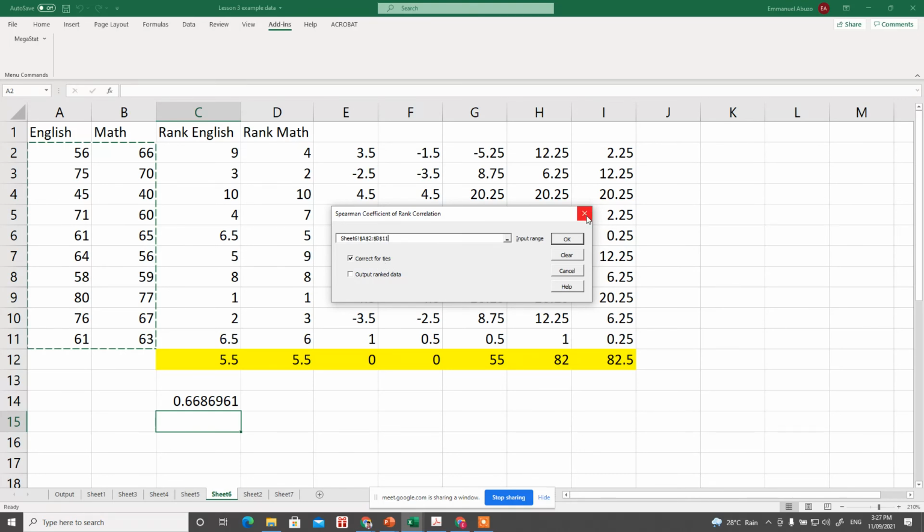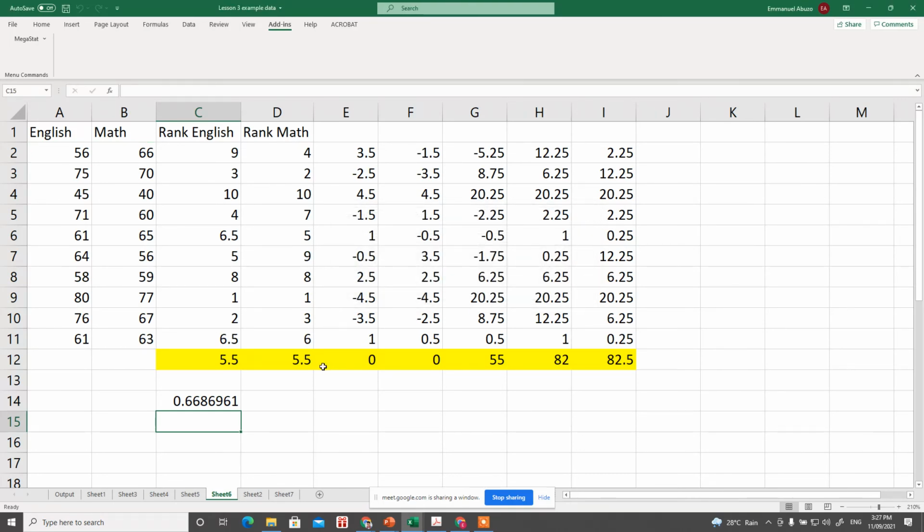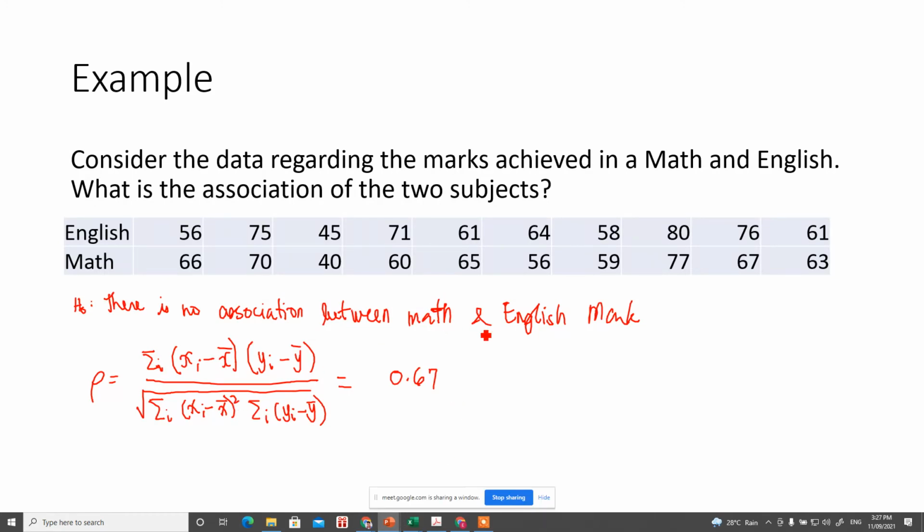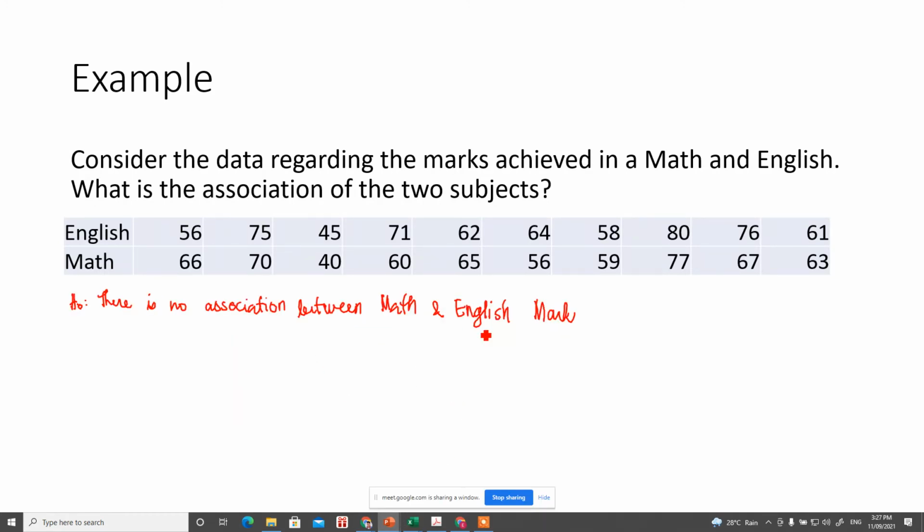Then click OK. Now what will happen if there is no tie at all?